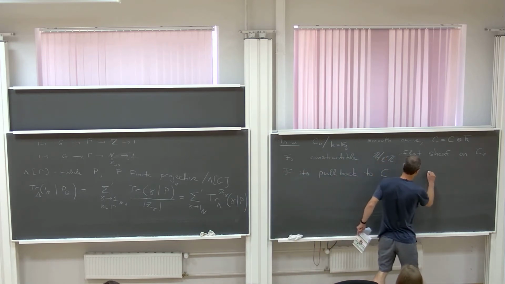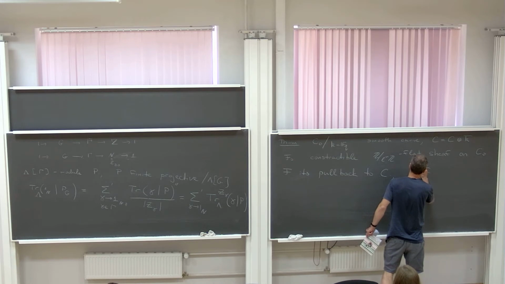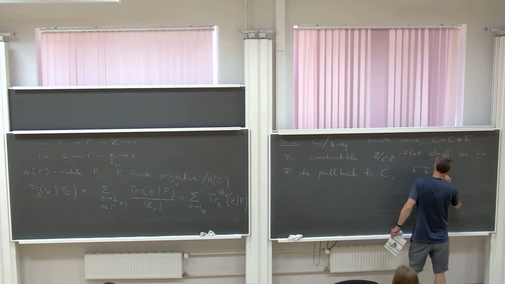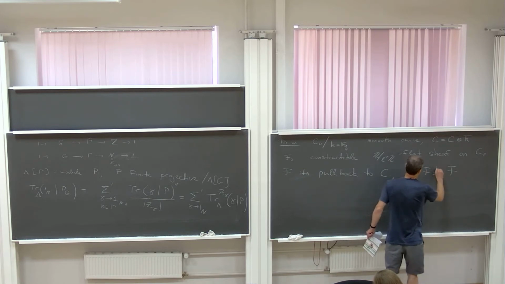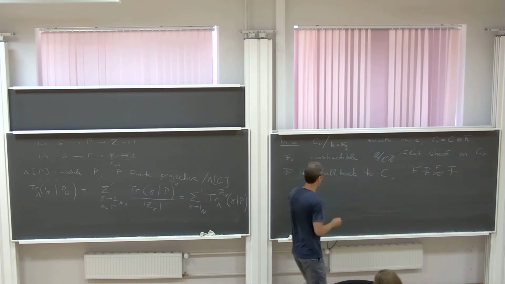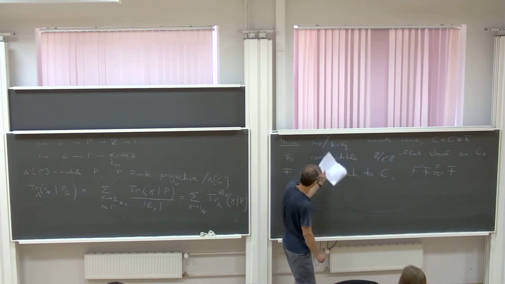So because it's a pullback, we have a sort of descent datum, which is this isomorphism, which I call Frobenius also. Again, this structure comes from the fact that F is the pullback.